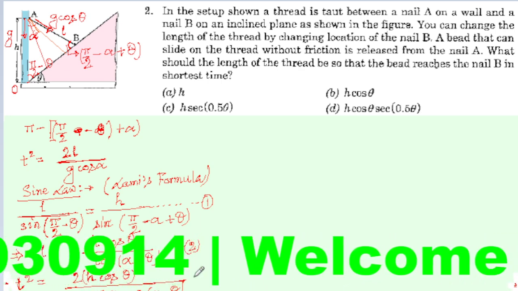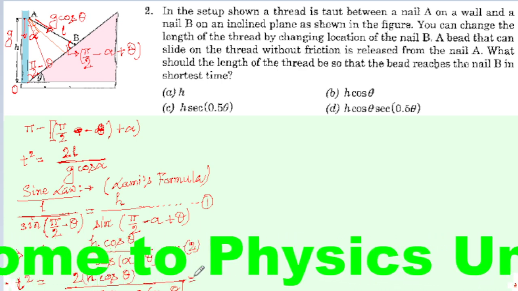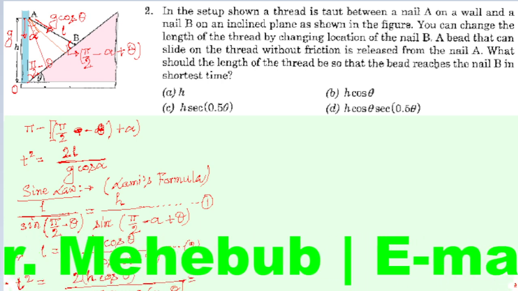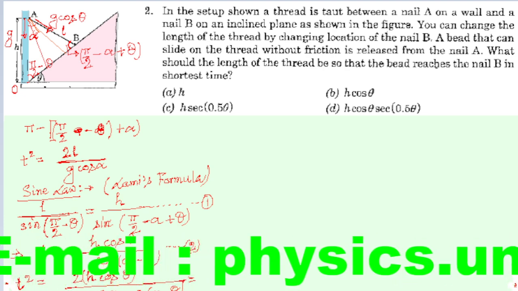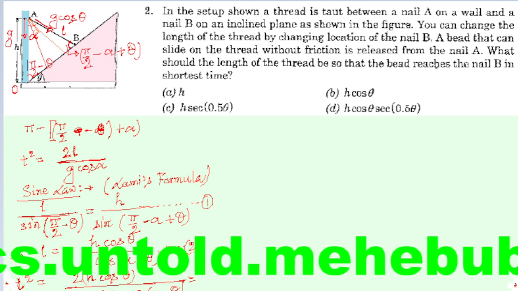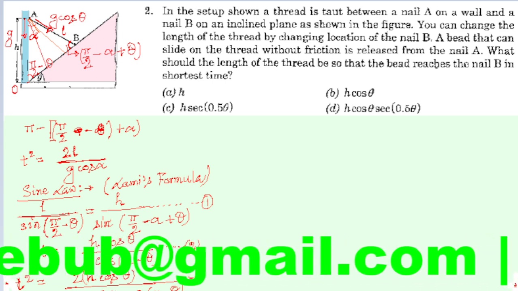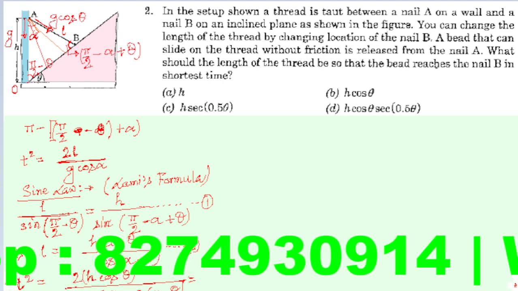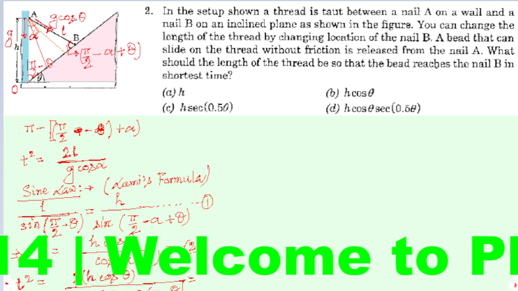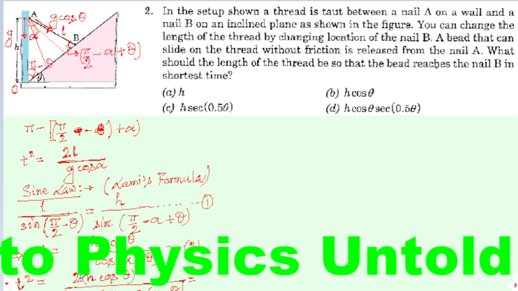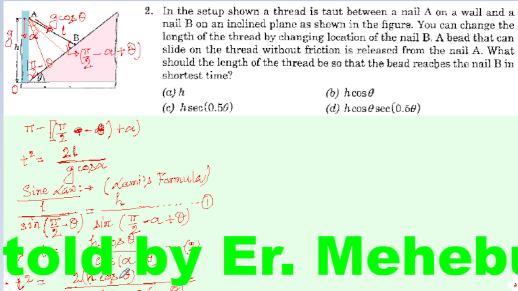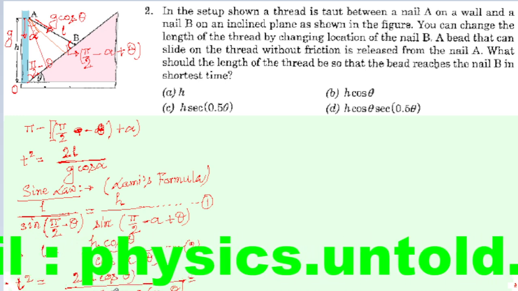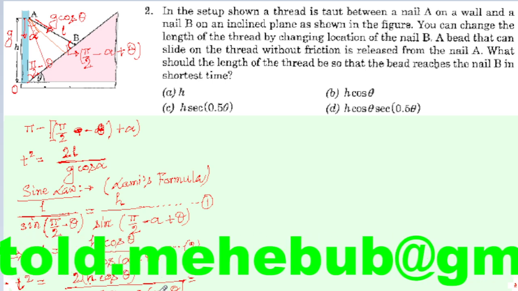Therefore if we take the equation in proportionality form, we can write that T square is proportional to 1 divided by cos of alpha minus theta, because here the 2 is constant, h is constant, and as theta is constant, cos theta is also constant, and the variable angle is alpha, therefore alpha minus theta.